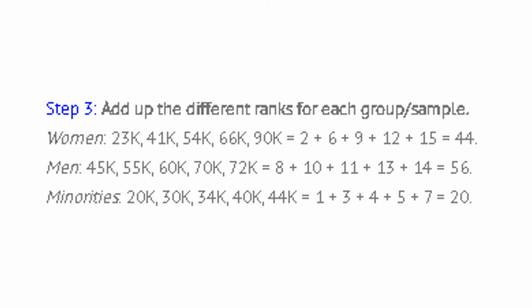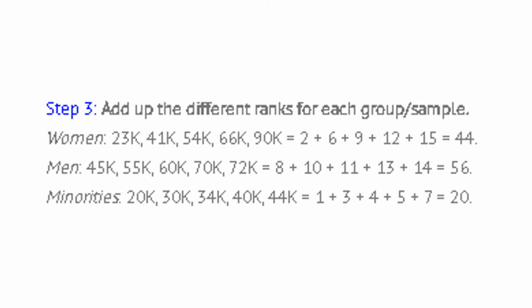Then for men also: 45,000, 55,000, 60,000, 70,000, 72,000, right? 45,000 is rank number 8, 55,000 is rank number 10, 60,000 is rank number 11, 70,000 is rank number 13, and 72,000 is rank number 14.